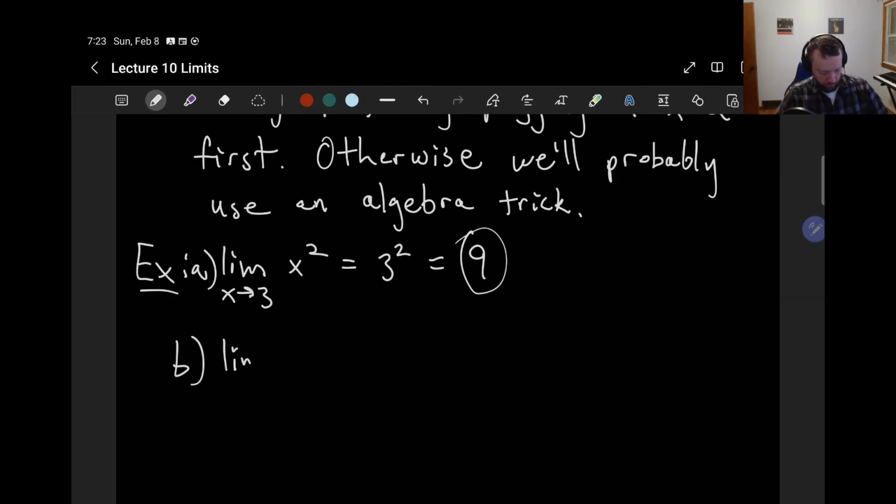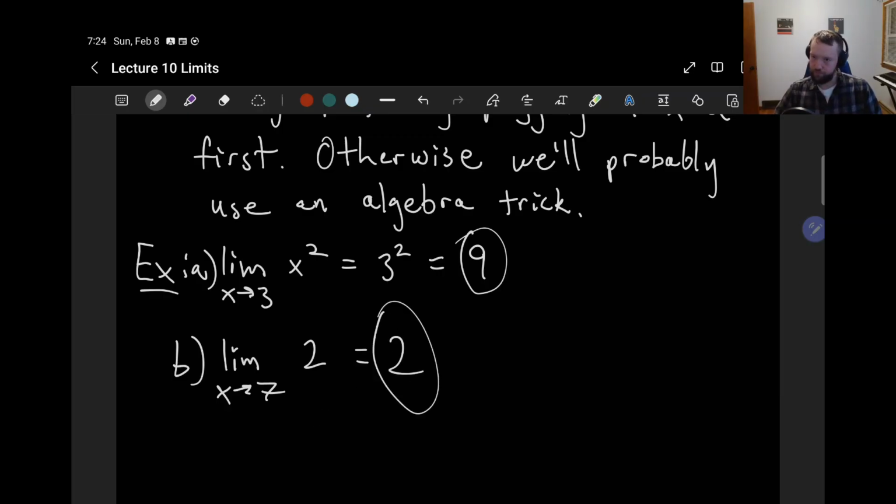Part B. The limit as x approaches 7 of 2. Now, what do we do here? I want to plug in 7 for x. Technically, you can do that. It's just that nothing happens. This is just the expression 2 everywhere.